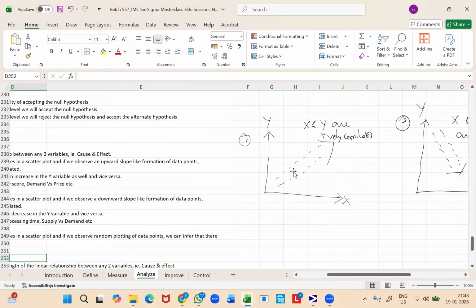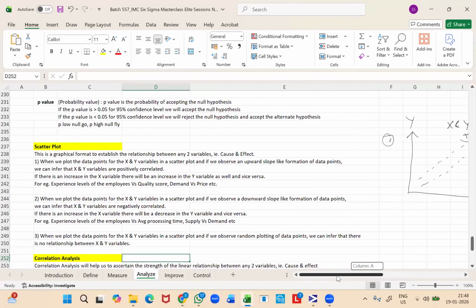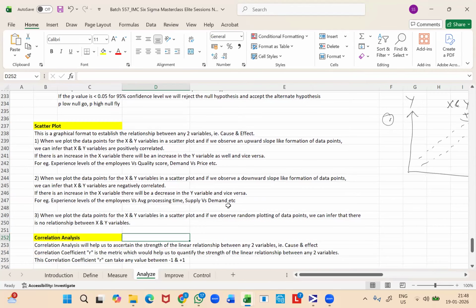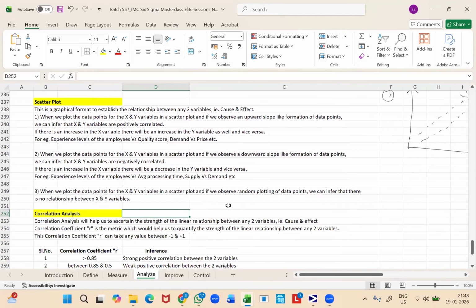But if you get a slope-like formation of data points, we can say that the relationship between the two variables is linear. And when we perform the correlation analysis, we will not be able to ascertain the strength of the relationship between the variables pertaining to any kind of formation of data points in a scatter plot.